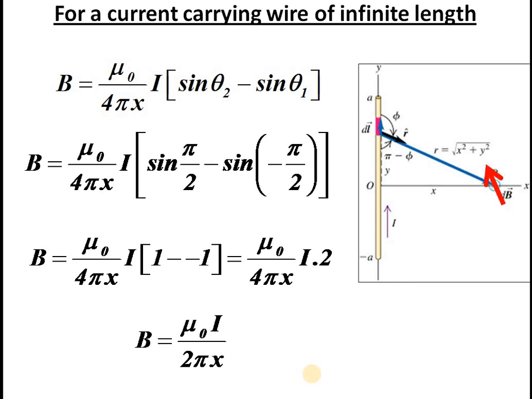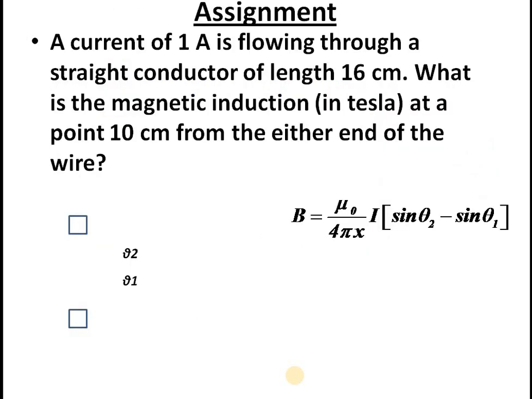In the next class we will see how the Biot-Savart law can be used to find the magnetic field of a circular wire. If you get it for a circular wire, you can find it for a solenoid also, simply by multiplying with the number of turns. That way you can find the magnetic field of any geometry.